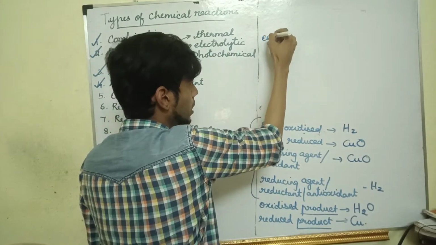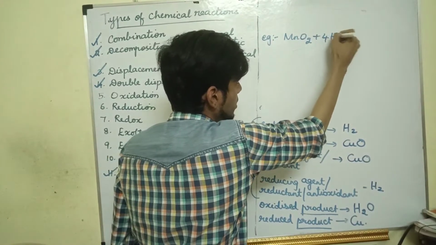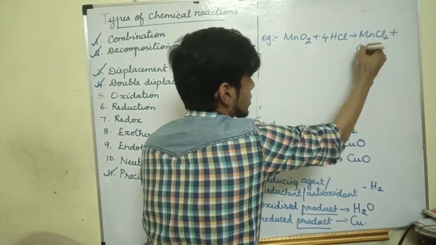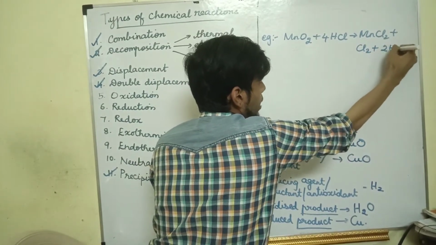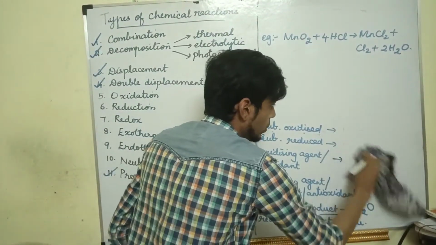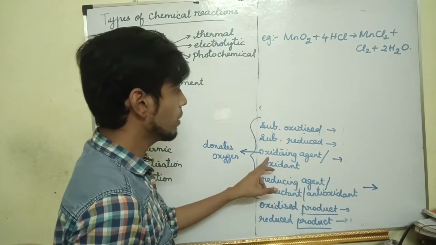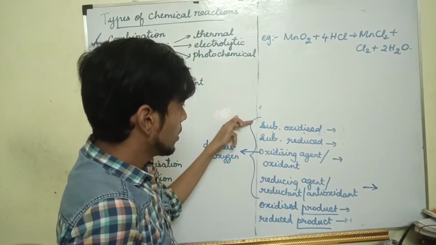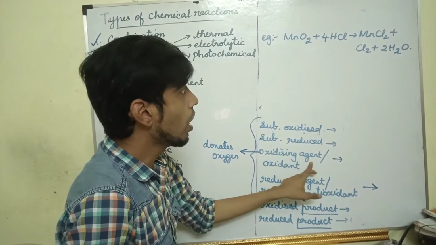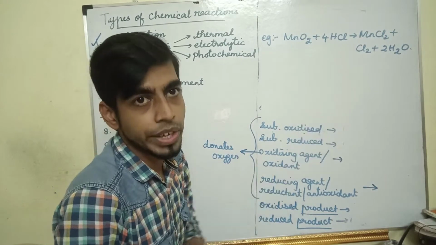Third example: MnO2 plus 4HCl gives MnCl2 plus Cl2 plus 2H2O. In this we will find which is oxidized, which is reduced and all these things. First, these four things will always be on the reactant side only. So which is my oxidizing agent? The substance which donates oxygen.